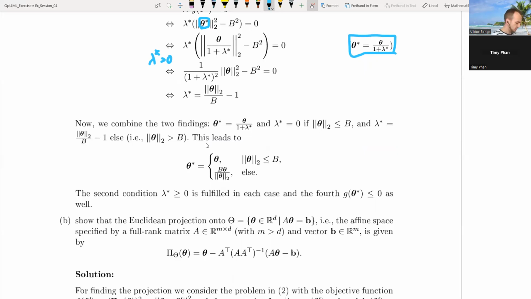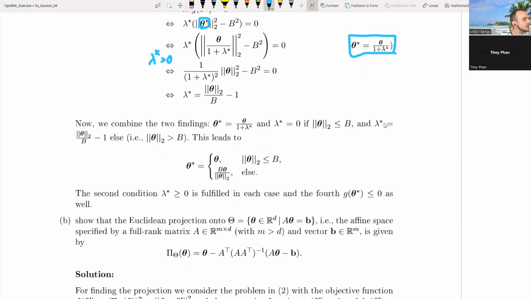Now we combine everything what we have, that the theta prime is of this kind due to the first Karush-Kuhn-Tucker condition, and that we set lambda star to 0 if the theta is already inside the Euclidean ball of radius b.